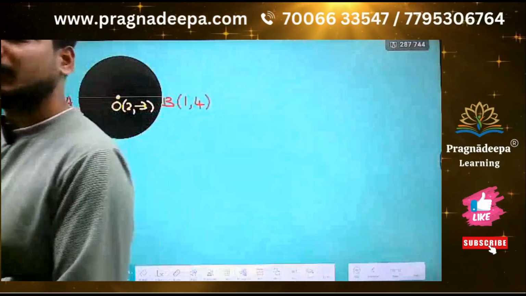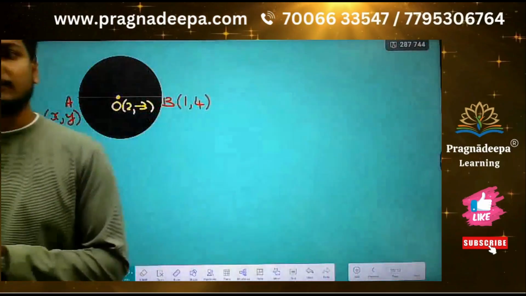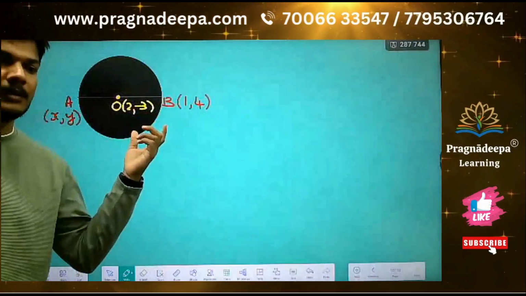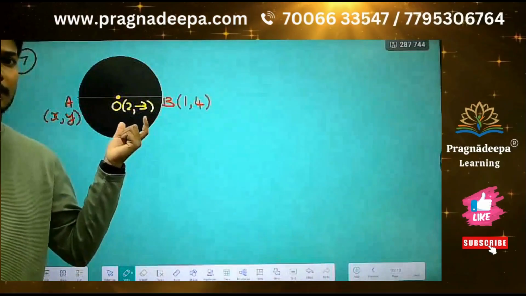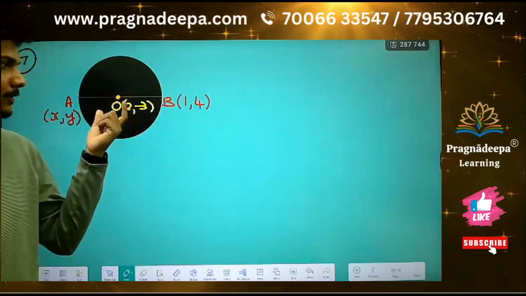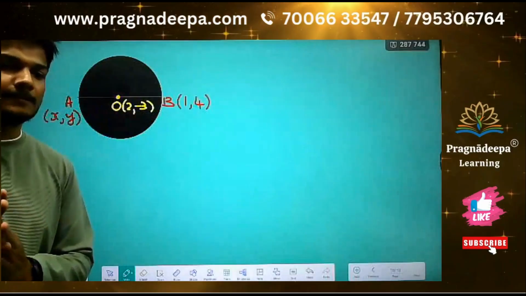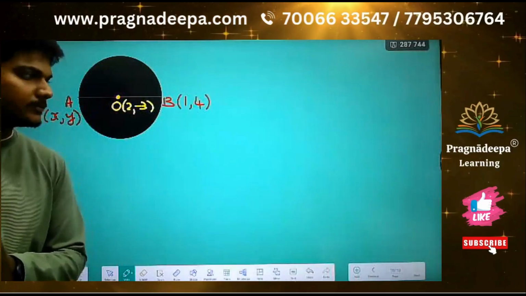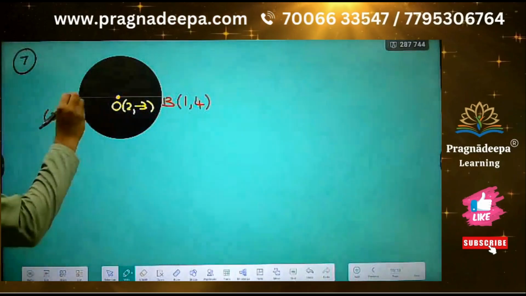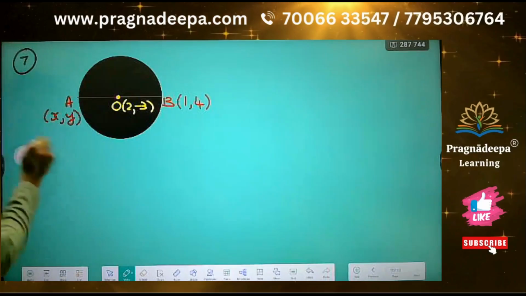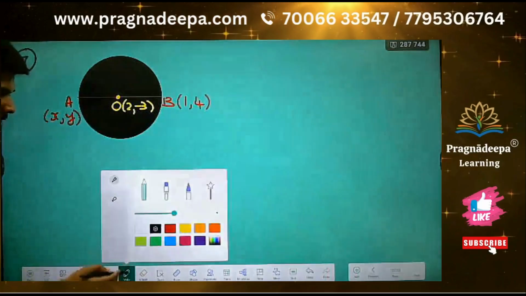AB is the diameter, sir. It passes through the center. If AB is the diameter, how does O become the midpoint? Sir, OA and OB are radii of the same circle. Correct, what you are saying is right.